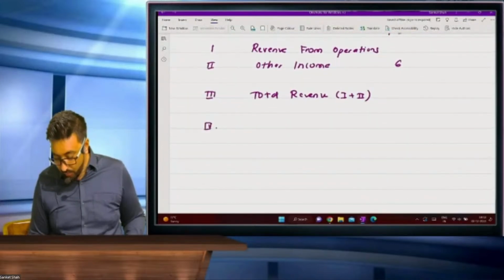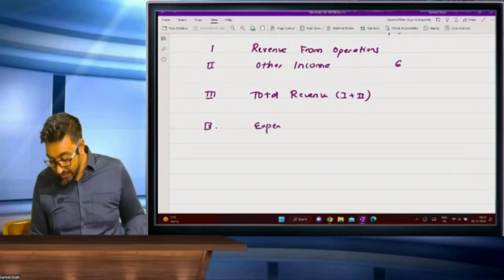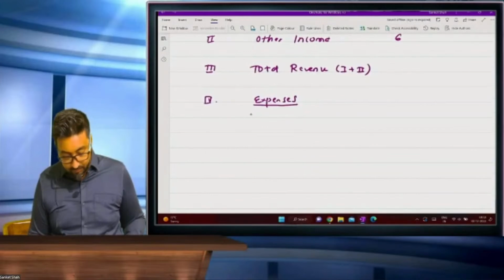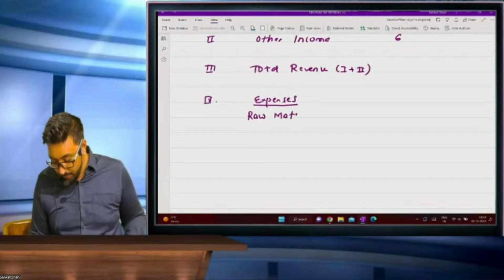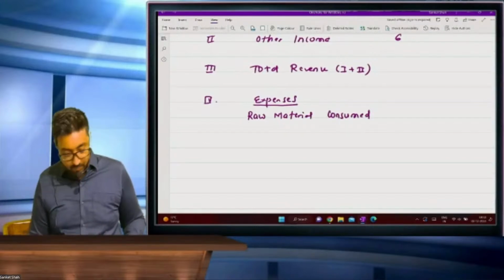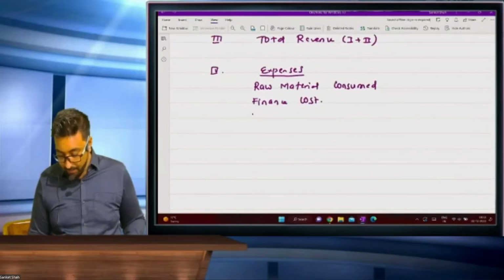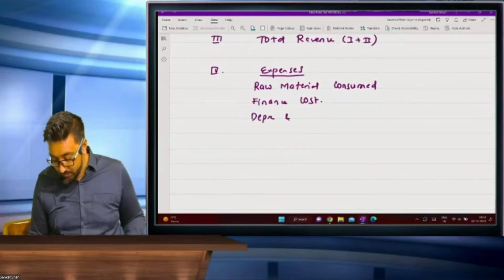After one line, Roman 4, expenses. Under that, raw material consumed. Then we have finance cost. Then depreciation and amortization.